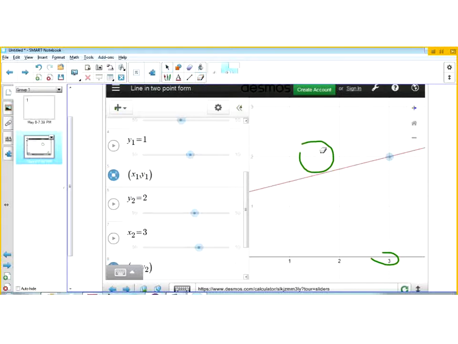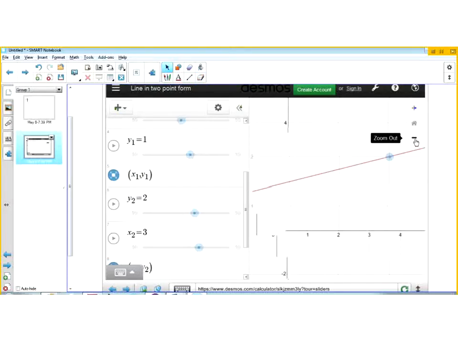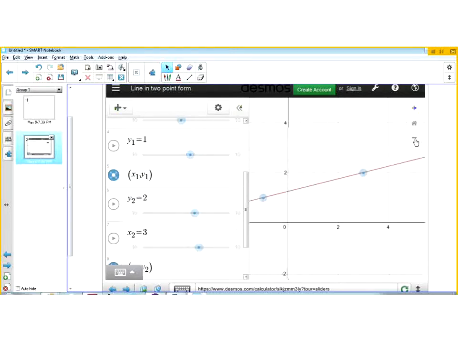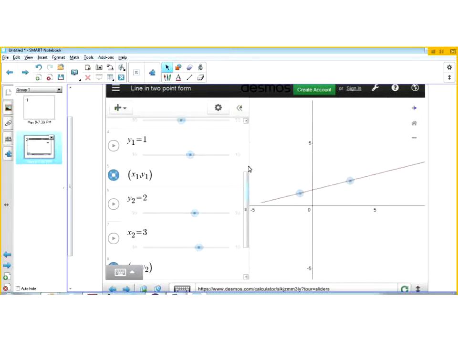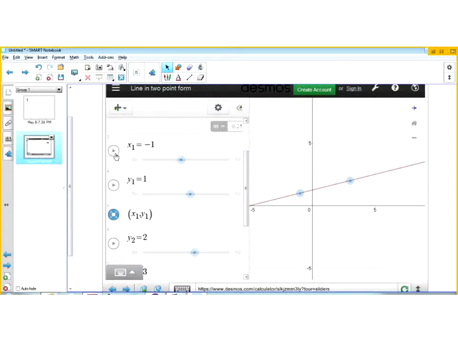So let me zoom out now. Oh, let me erase the annotations here, and let's zoom out. And so you get the bird's eye view of the line, and we can say, oh, here's an example of, say, if we vary x1 from say -10 to 10, you can see how it would change the properties of the line.